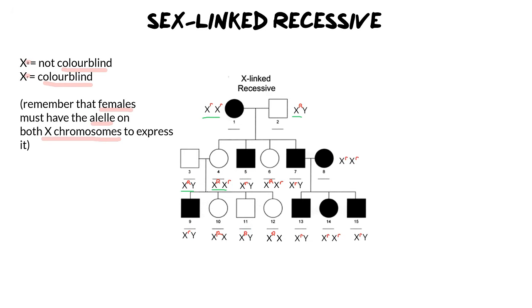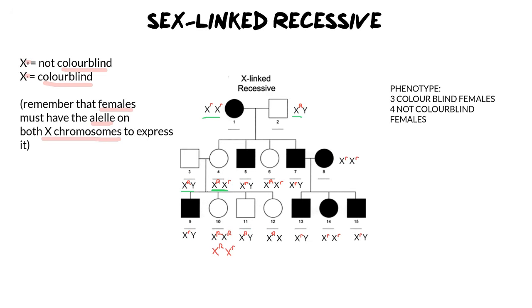Because their mother has both a capital R and a lowercase r, we're not really sure which one they got because neither of them have the disorder. So in this case, and you can do this in a test, they can either be 2 capital R's or they can have X capital R and X lowercase r.